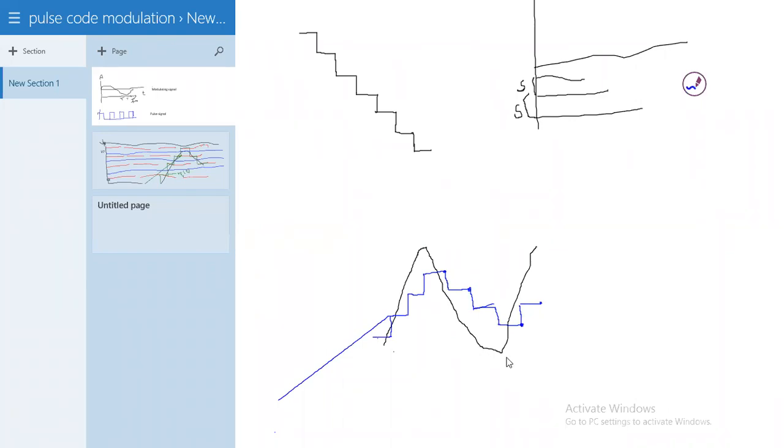So by using uniform quantization at the receiver, you are unable to detect the original signal. So this is the quantized signal. At the receiver, you will get the signal like this. But the actual signal is this one.